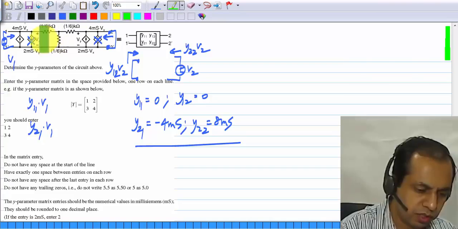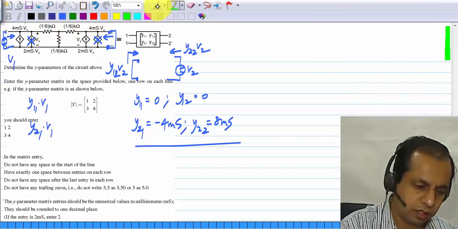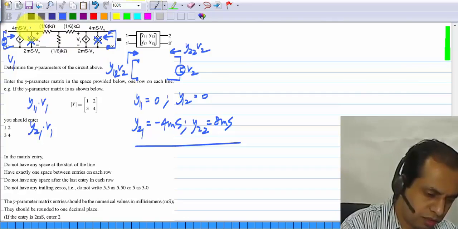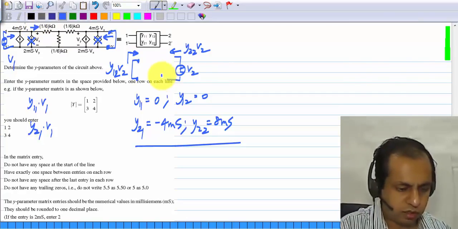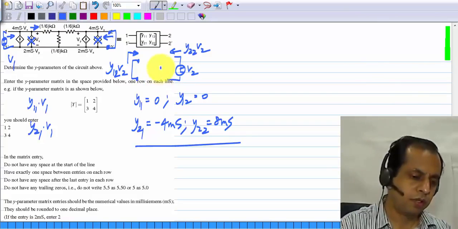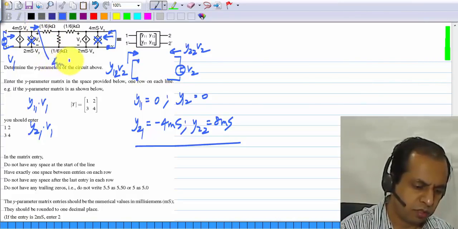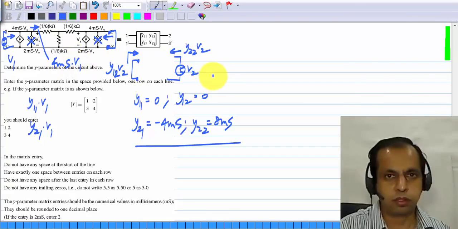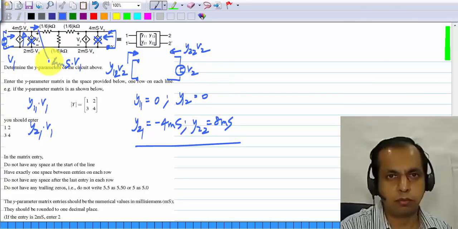We have this network, 1/6 of a kilo ohm. If you calculate the current over there, you will see that it is exactly equal to 4 millisiemens times V1, and 4 millisiemens times V1 is being pushed that way.